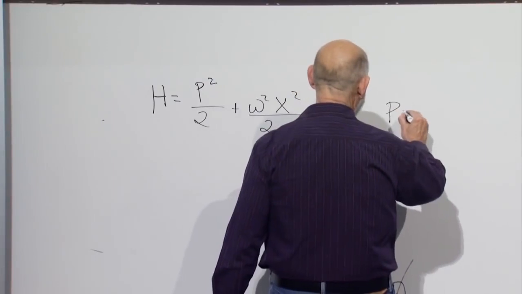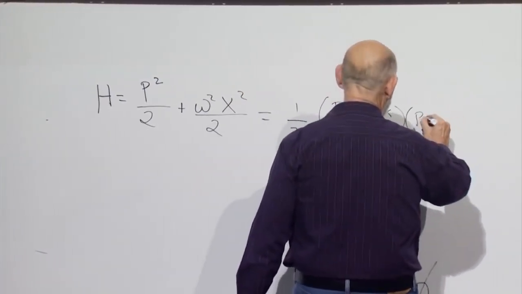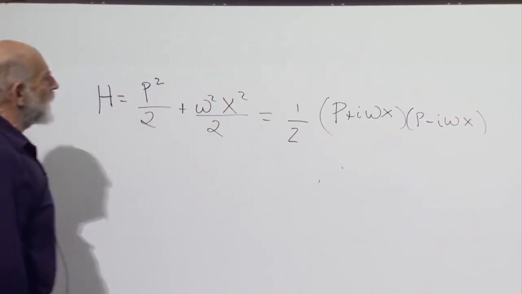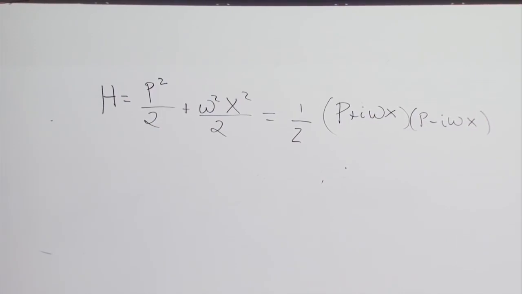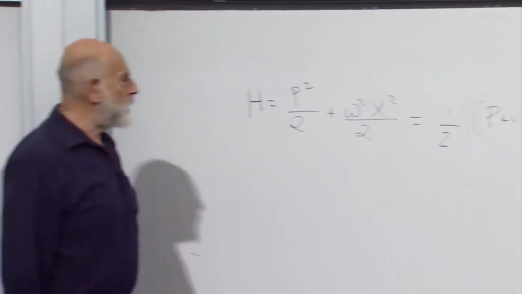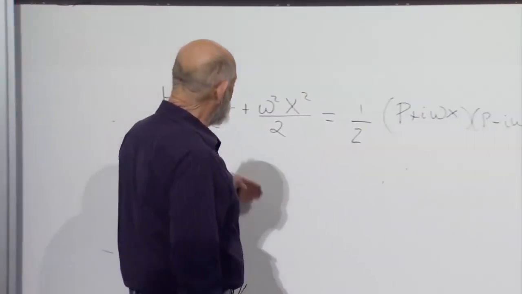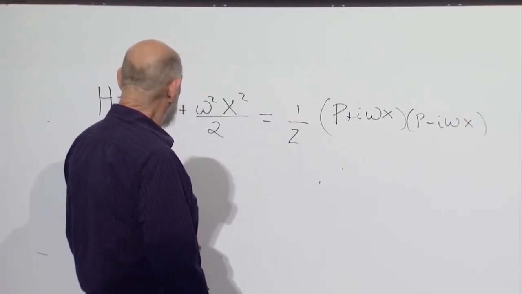And let's write p plus i omega x times p minus i omega x. Is this looking familiar? Not from the harmonic oscillator, but from about an hour ago. Lx plus i Ly and Lx minus i Ly. Yeah, okay. So let's do this.